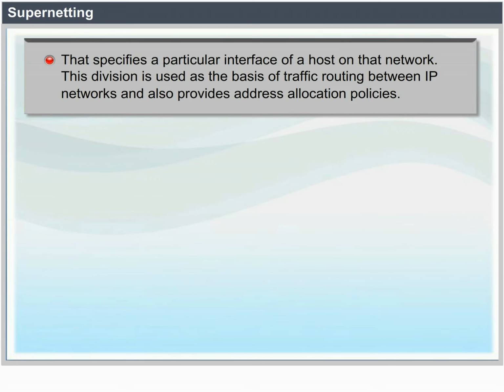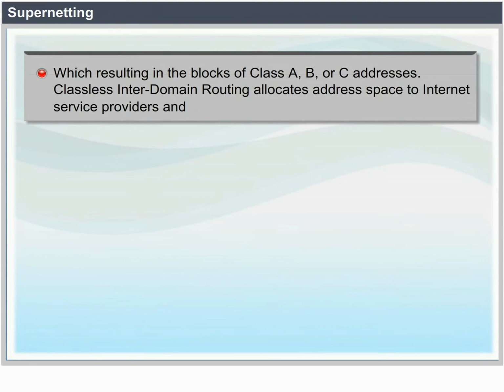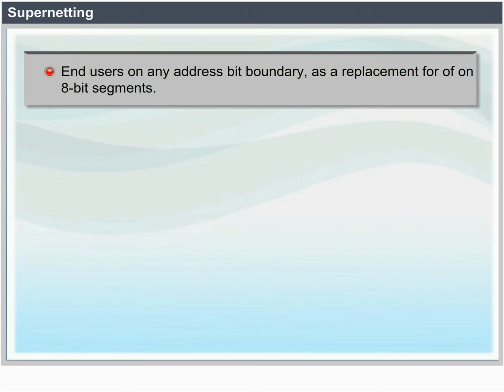Classful network design for IPv4 sized the network address as one or more 8-bit groups, resulting in the blocks of class A, B, or C addresses. Classless interdomain routing allocates address space to Internet service providers and end users on any address bit boundary instead of on 8-bit segments.